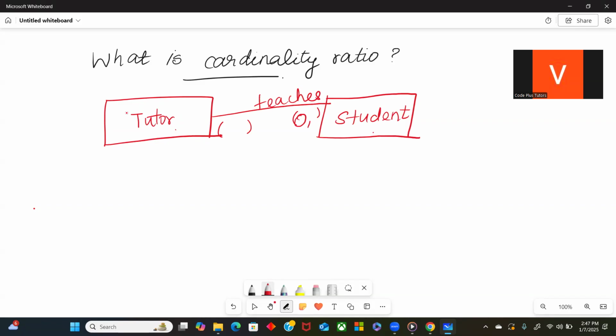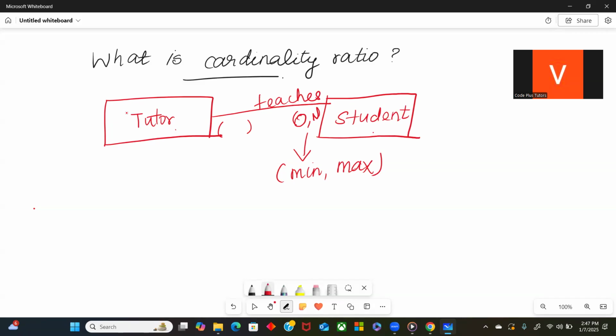And how many students can one tutor teach? That has no limit, so it is many. So 0 comma n is your min max. Minimum, a tutor can teach 0 students; maximum, many students. Also remember one more thing: when you put the cardinality, if you talk from a tutor's perspective, so one tutor is going to teach students, then you will put the cardinality on the student side and not on the tutor side.